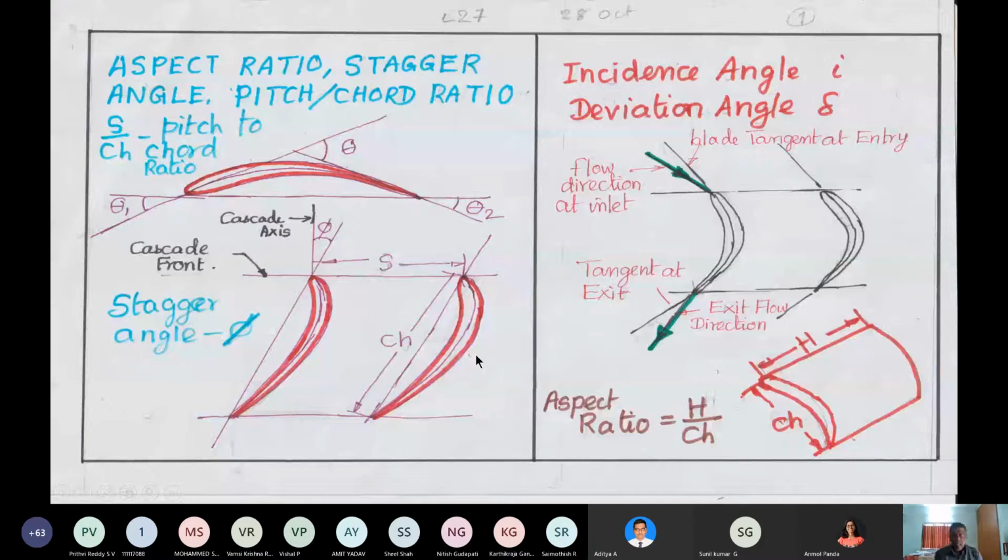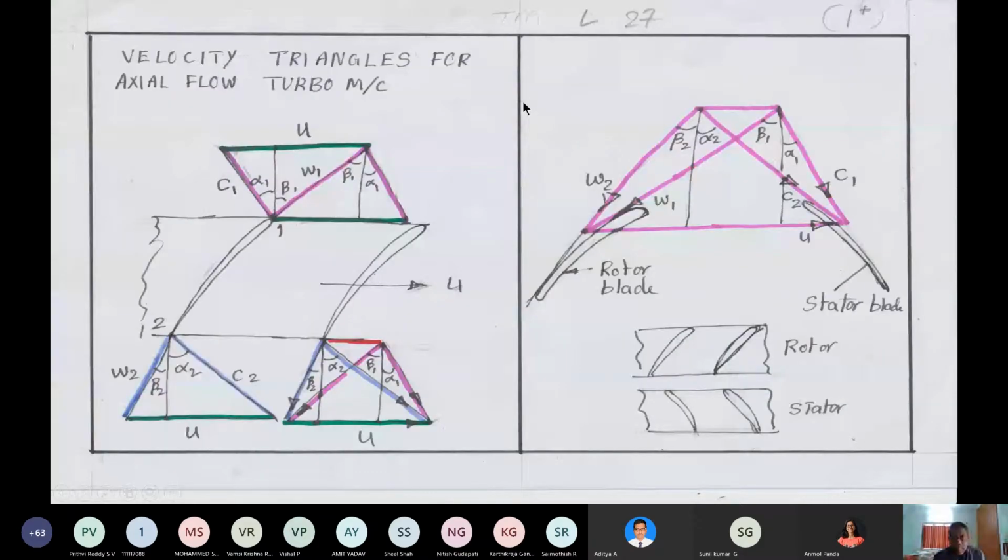Next we will go for the velocity triangles for axial flow turbomachine, and we will take the case of an axial flow compressor. There are two blades indicated. This is the rotor cascade.